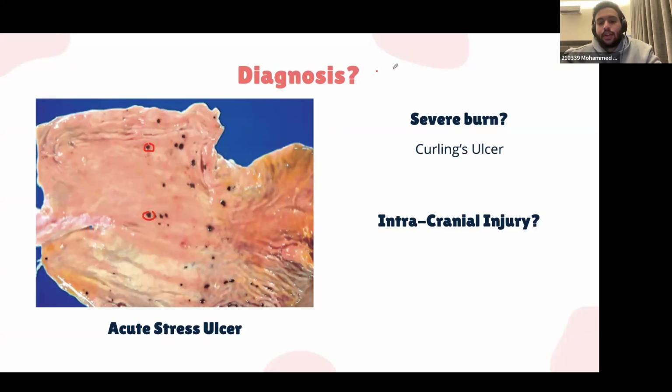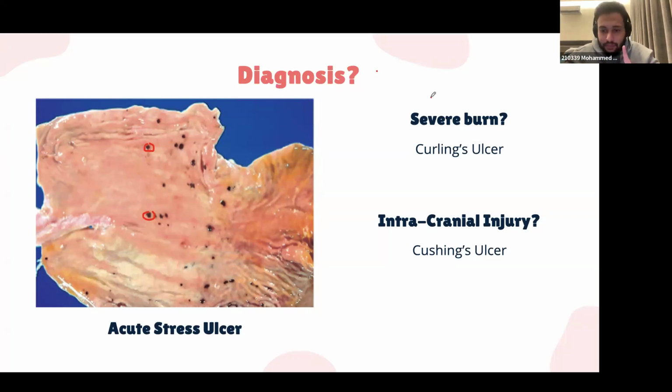Cushing. The reason why is because in severe burns, you're reducing the amount of blood supply. So because of decreased blood supply, you can get ulcers. Okay. Same thing, if you remember, guys, from peripheral vascular disease, decreased blood supply, arterial ulcers. Okay, that occurs everywhere. It's the same thing.